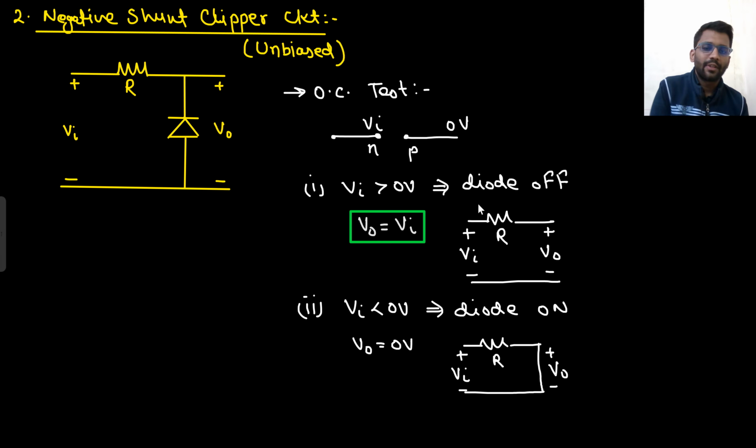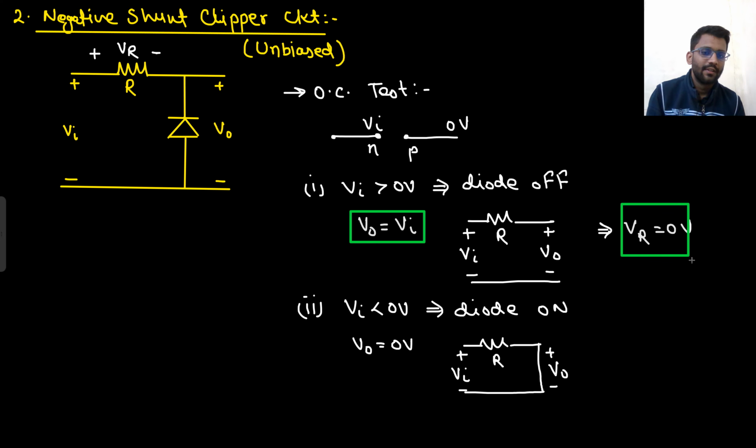Now let's write down the potential of VR as well. Let's call this as VR. In the first condition, VR is 0 volt, because diode is off, there is no current. Simply V out is equals to V in. And in the second condition, tell me what is VR?